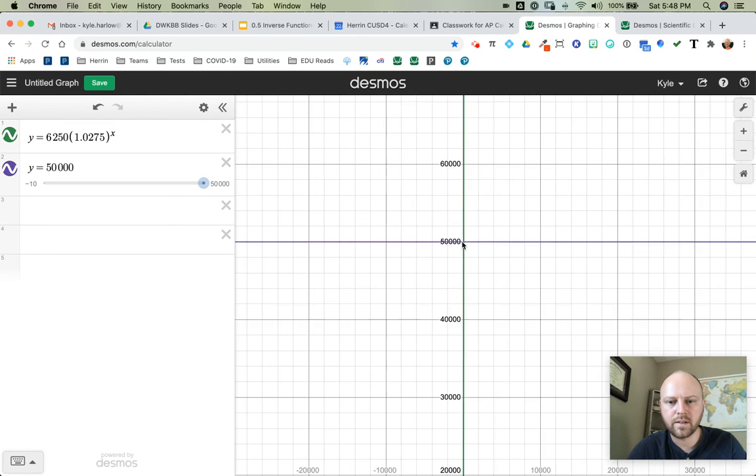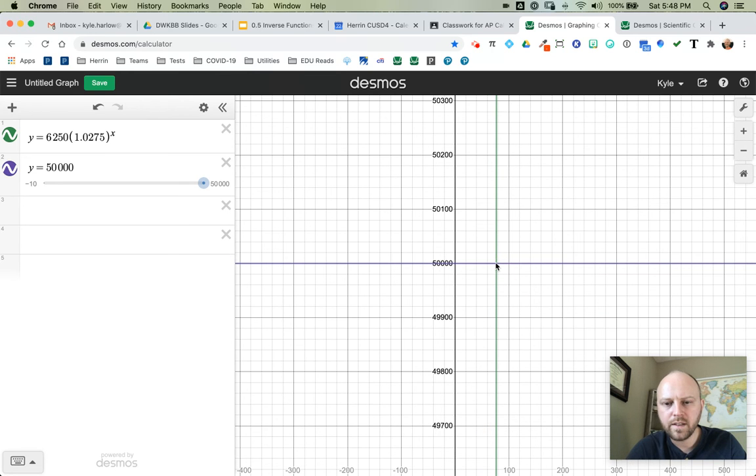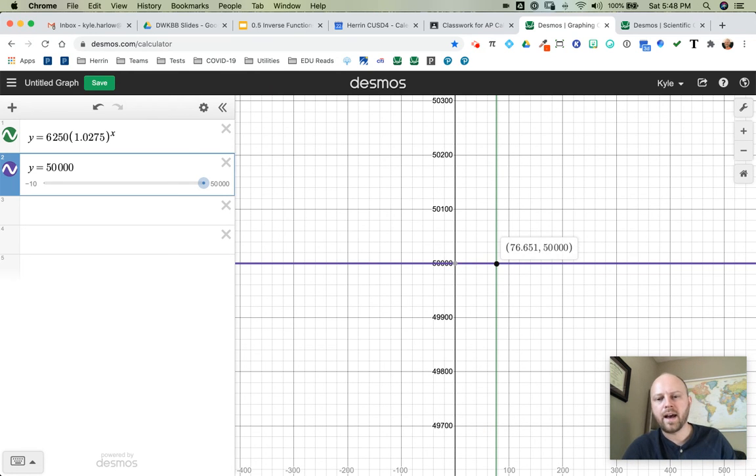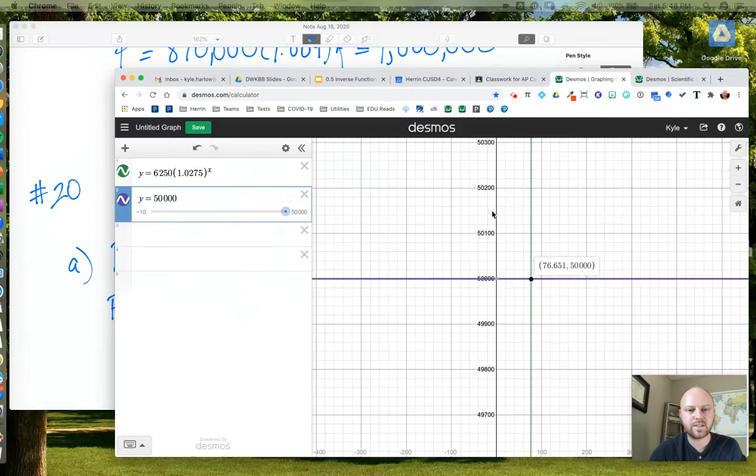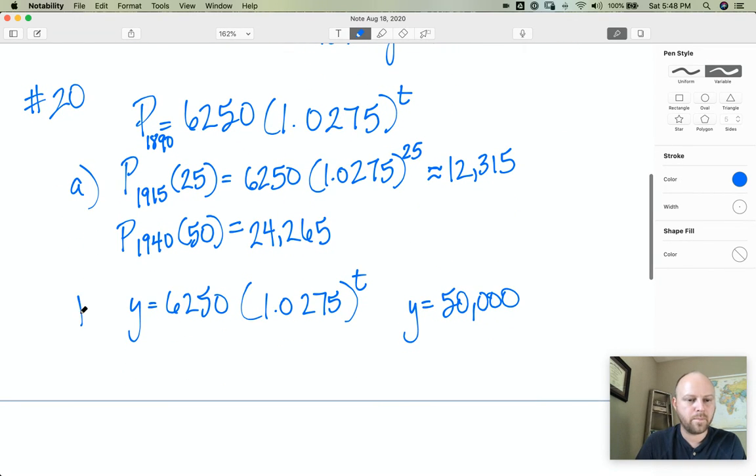There we go. Now let's zoom in right there. And these two curves meet at 76.651 comma 50,000. So we are looking at about 76.65 years. So for part B, about 76.65 years.